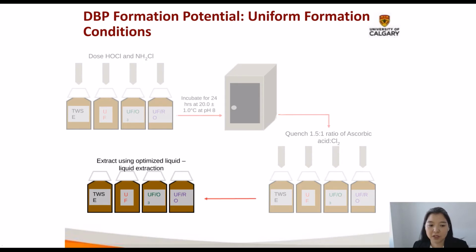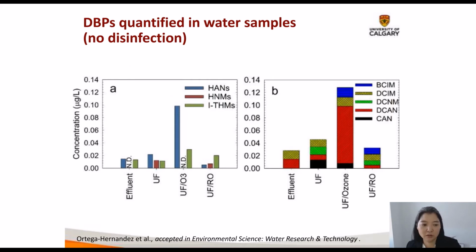And then we extracted right after with the liquid-liquid extraction, followed by the GC tandem mass spec method that we developed. So what I'm going to show you in the next few slides is the DBPs that we quantified before and after disinfection.